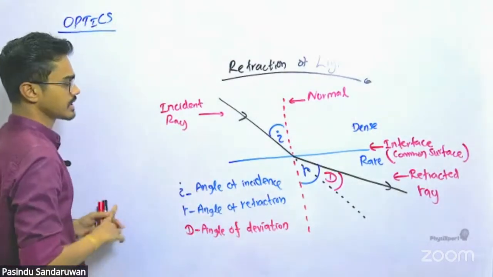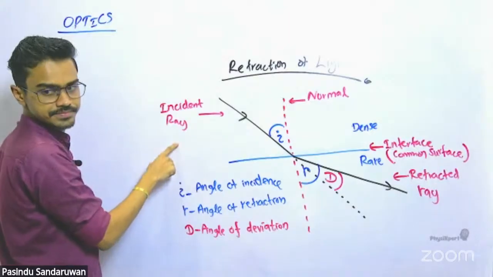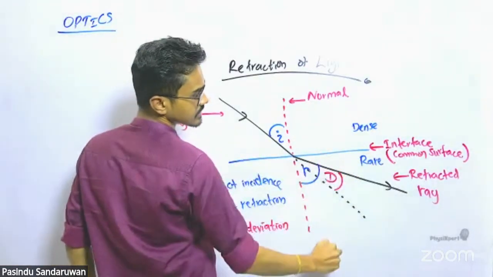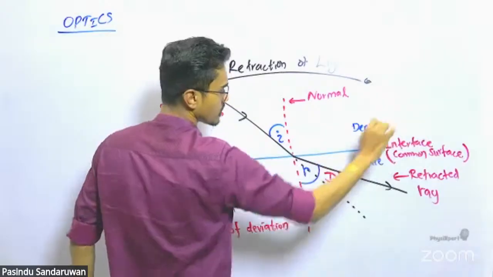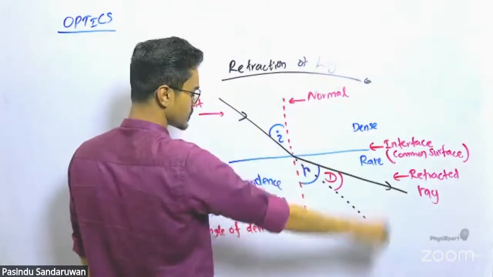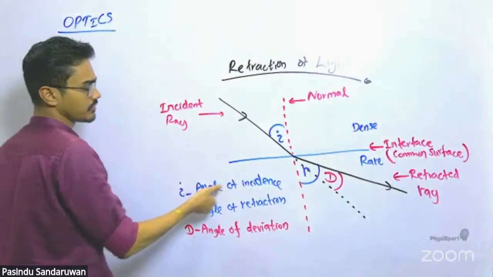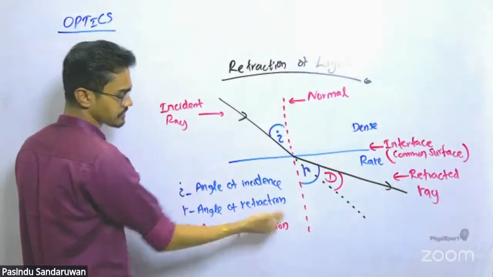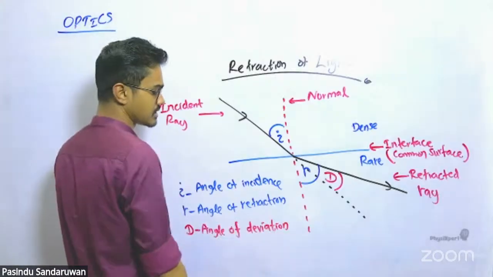Okay, check again. Incident ray, refracted ray, interface or common surface, dense and rare media, normal. And I, angle of incidence; R, angle of refraction; D, angle of deviation.